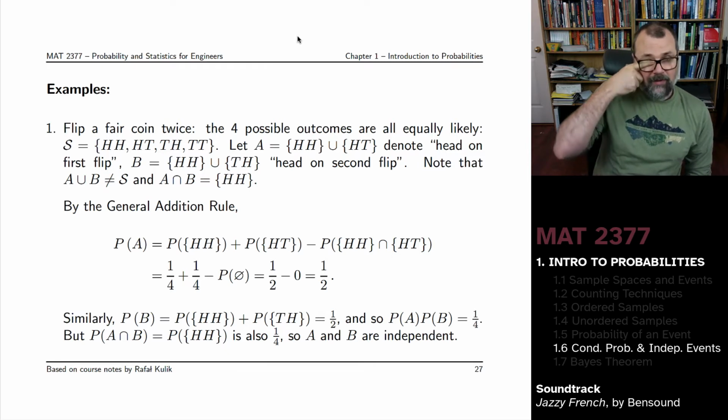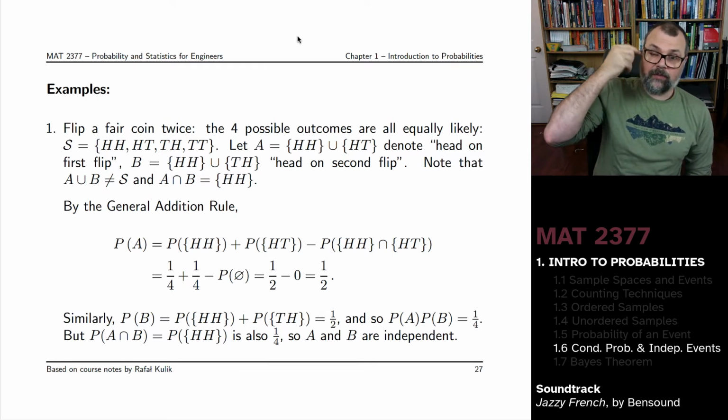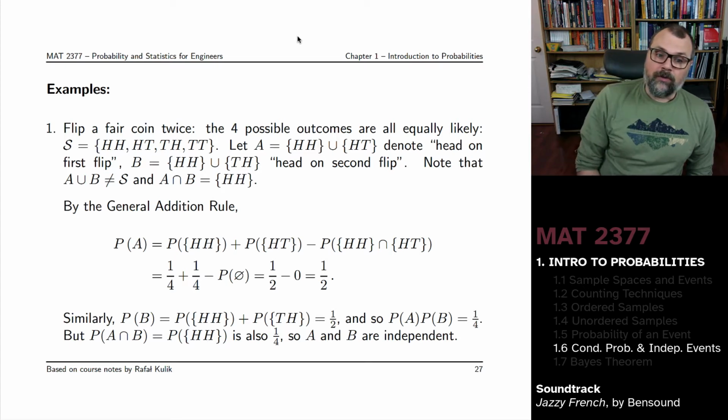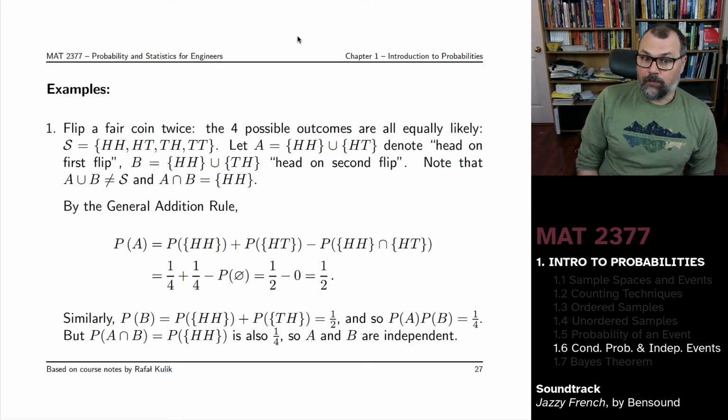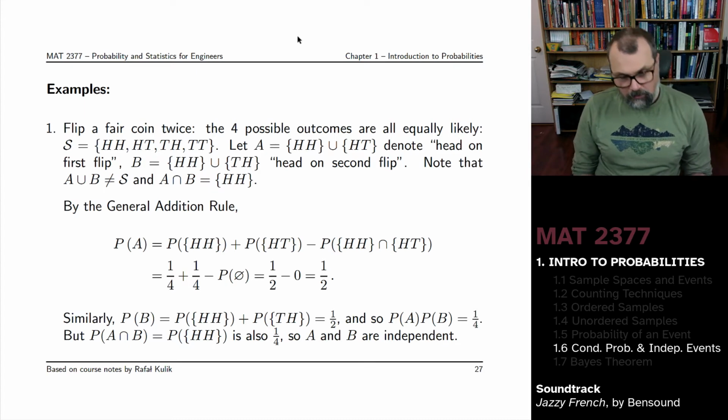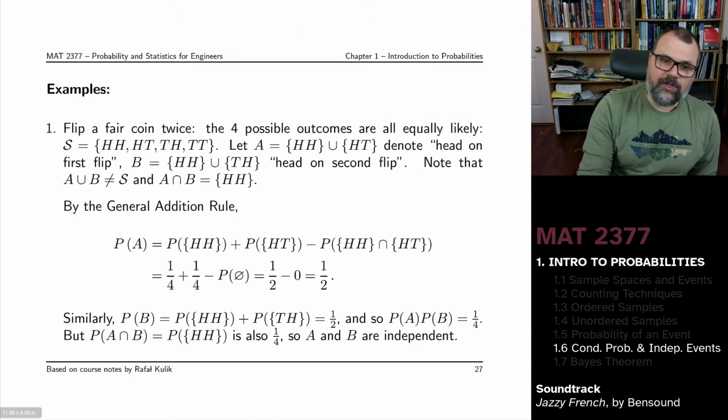You play the same game with event B, and you would get the probability of obtaining B is also 1/2. So if you look at the product of the probabilities of A and B, you'll get 1/2 times 1/2, and that's 1/4. But the intersection of A and B is not empty.